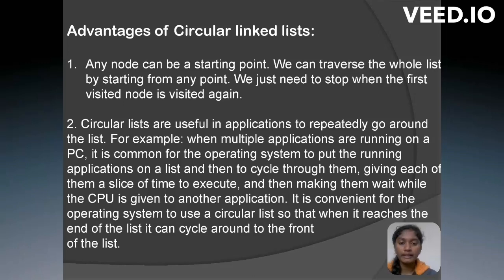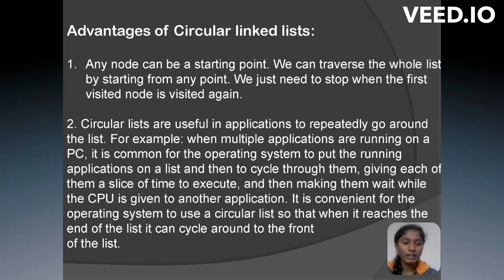For example, when multiple applications are running on a PC, it is common for the operating system to put the running applications on a list and then to cycle through them, giving each of them a slice of time to execute and then making them wait while the CPU is given to another application.